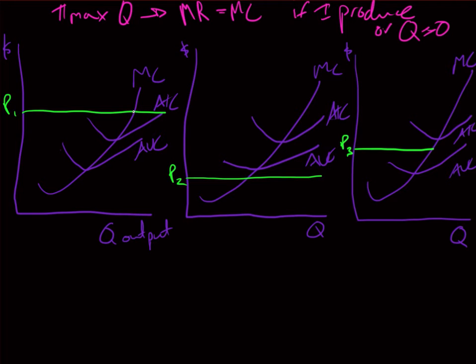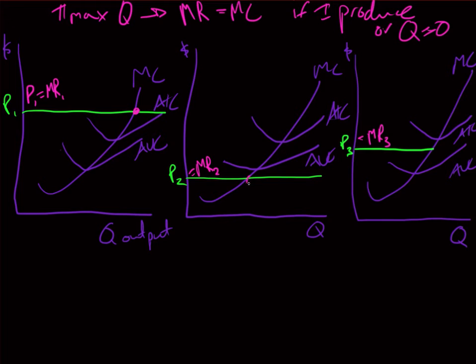So we're going to look at this situation where marginal revenue is equal to marginal cost. And why could I say it's this point here? Well, in perfect competition, we've learned that P1 is also equal to its marginal revenue. Here, this will be equal to its marginal revenue as well. And this will be equal to its marginal revenue as well.